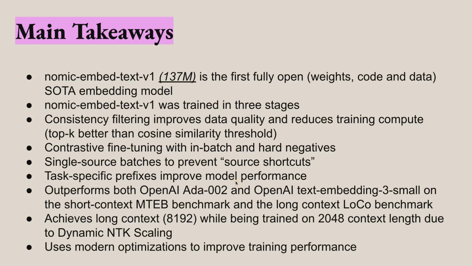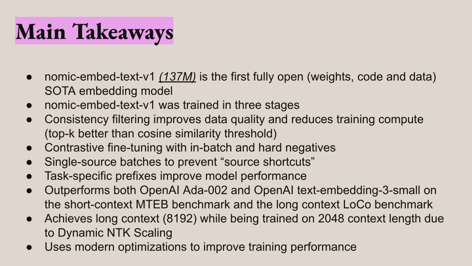So I'll end again with my main takeaways. The biggest one is that this is the first fully open weights, code, and data state-of-the-art embedding model. It was trained in 3 stages. The consistency filtering approach cut the training compute in half, basically, because you're using half the data set to train, and it's higher quality. They found that top K, even though it's using cosine similarity, is better than a universal flat-out cosine similarity threshold.